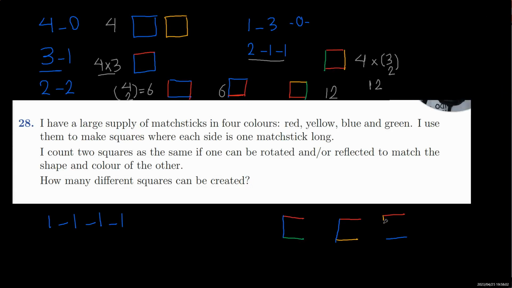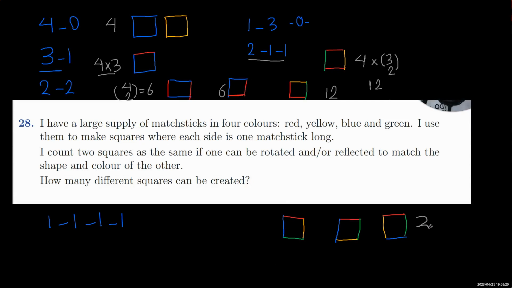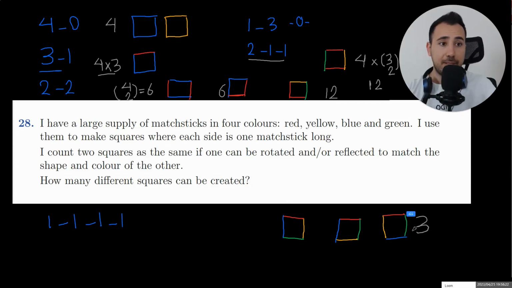Yellow and yellow. Green and green. So these are the only 3 that we could make, with all the colors being different. If you make something else and rotate it, it would be one of these.